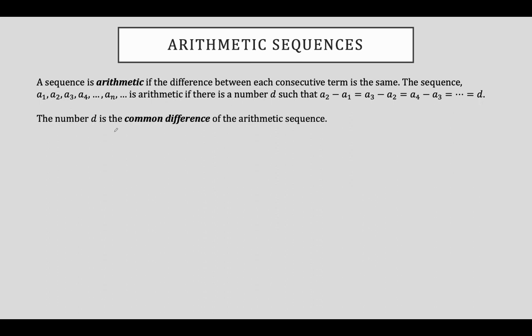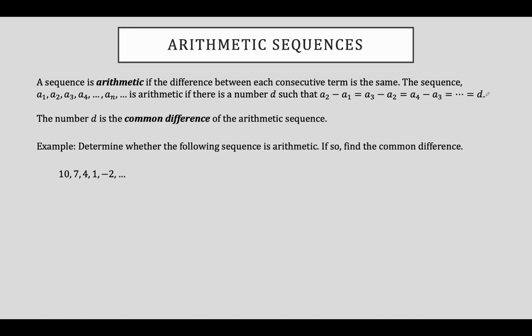The number d is the common difference of the arithmetic sequence. So this means a sequence is arithmetic if we take any one of the terms and subtract the previous term, and for every single term in the sequence, we get the exact same value.